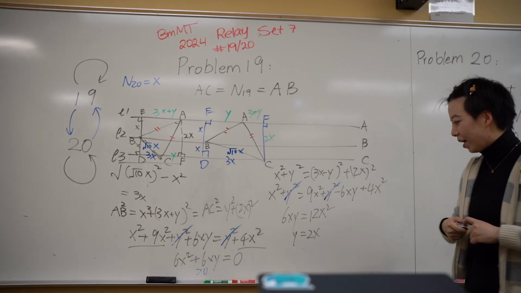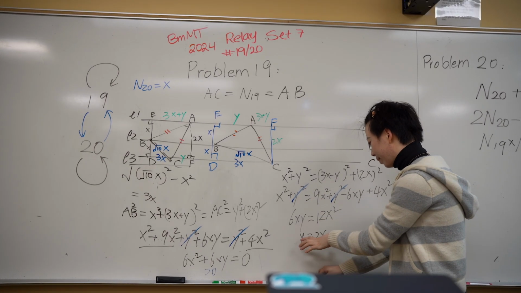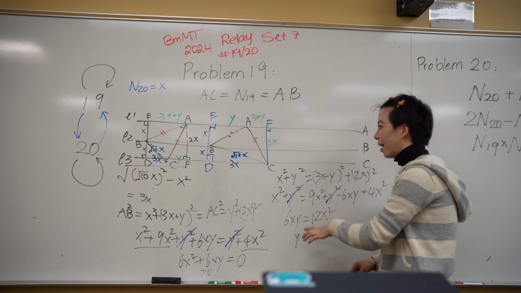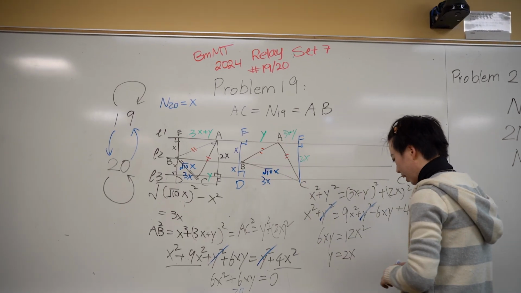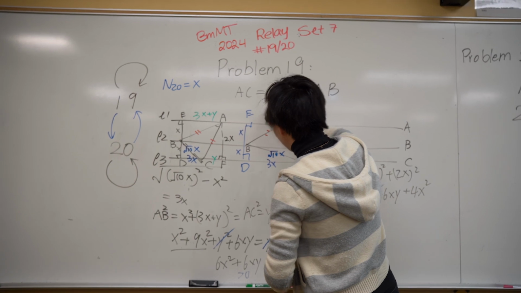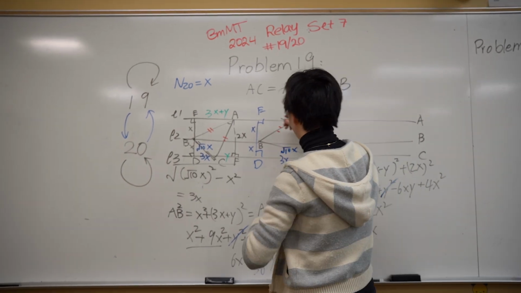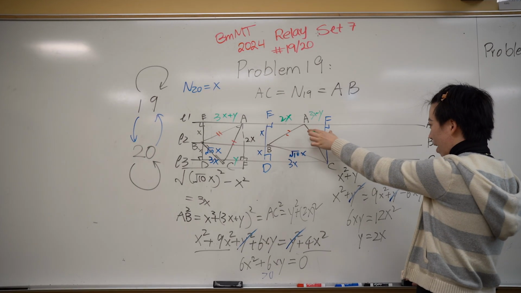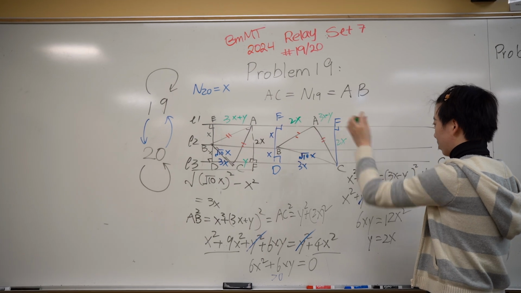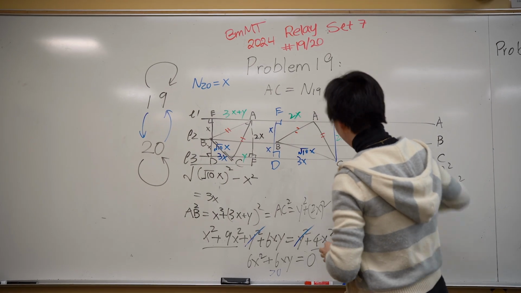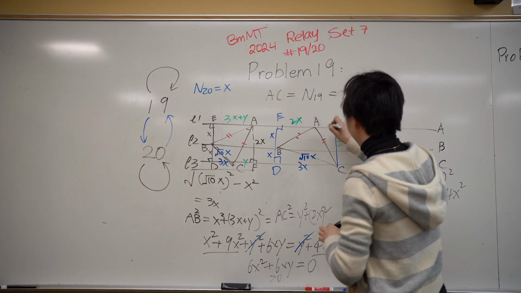This is very helpful, so let's plug this y equals 2x into our diagram. If y is equal to 2x, then 3x minus y will be equal to 3x minus 2x, which gives us x.